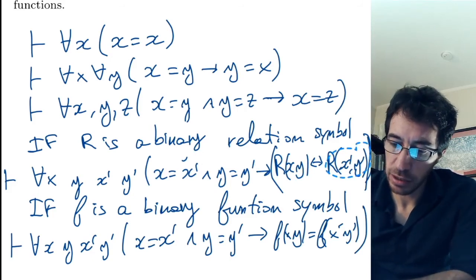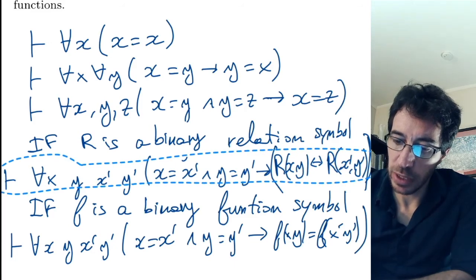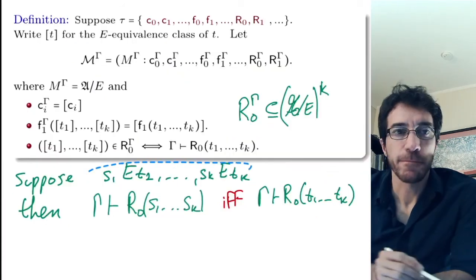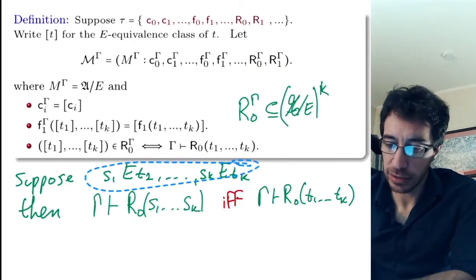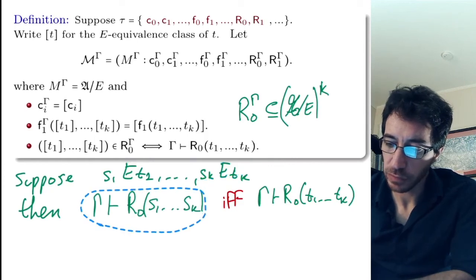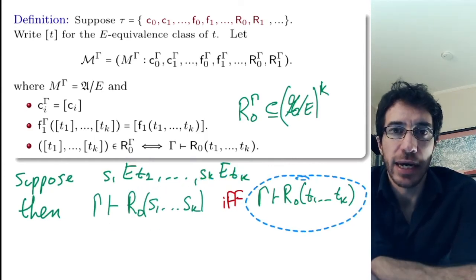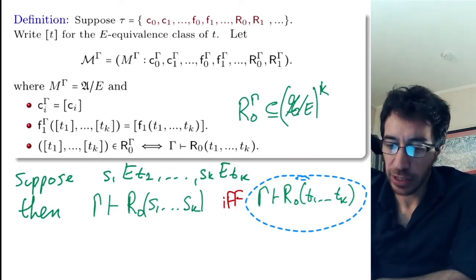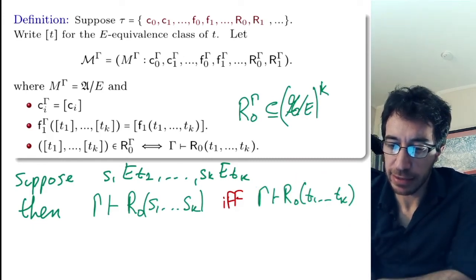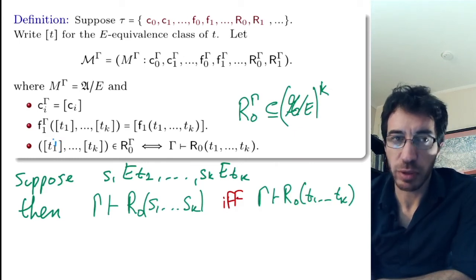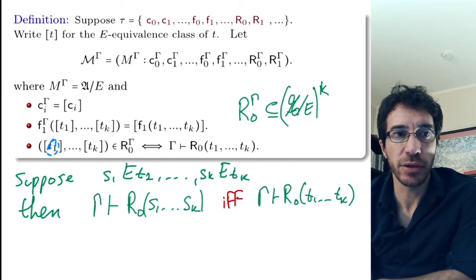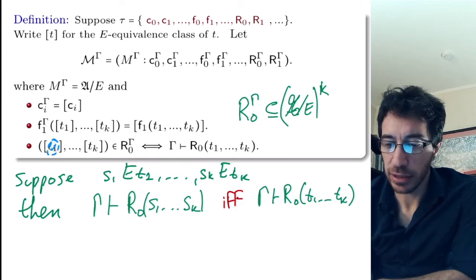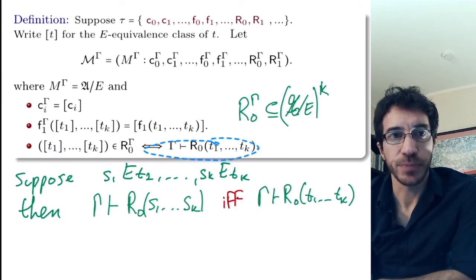So these, together with our assumptions, are going to tell you that this is the case. You need to build a deduction. I let you guys try it, but then you're going to get that this is well defined. If you take an equivalence class here, it doesn't matter which representative you take, whether you take T1 or S1, you're still going to get the same definition.